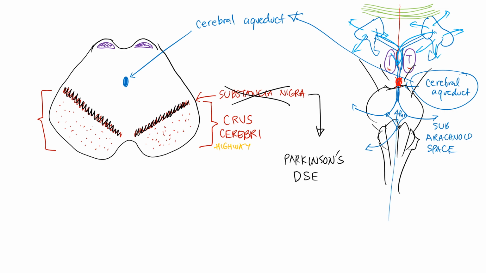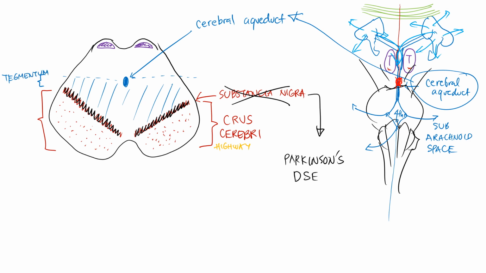Okay, now before I told you that your cerebral aqueduct is another landmark, and it is because from your substantia nigra to the cerebral aqueduct, we call that the tegmentum.